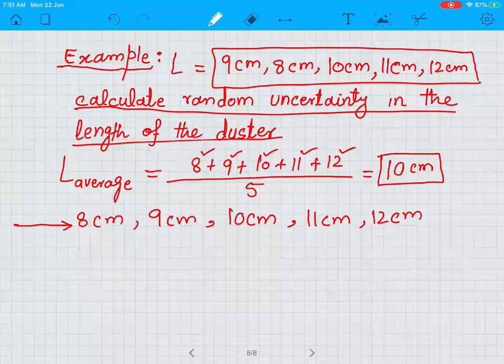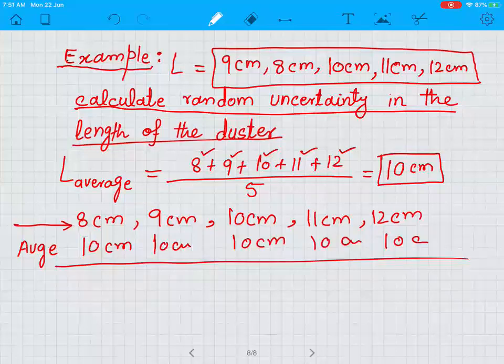So these are your values, 8, 9, 10, 11, and 12. Now your average value is 10 centimeter. Now if you take the deviations, here you get 2 centimeter, here you get 1 centimeter, 0 centimeter, 1 centimeter, and then you get 2 centimeter.